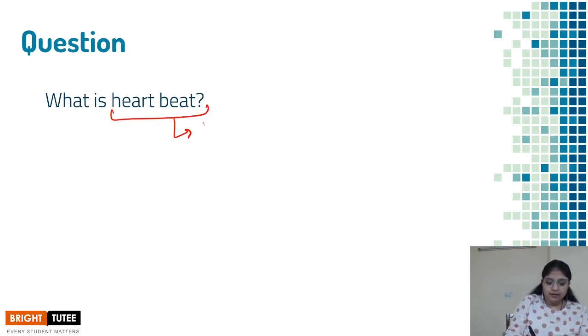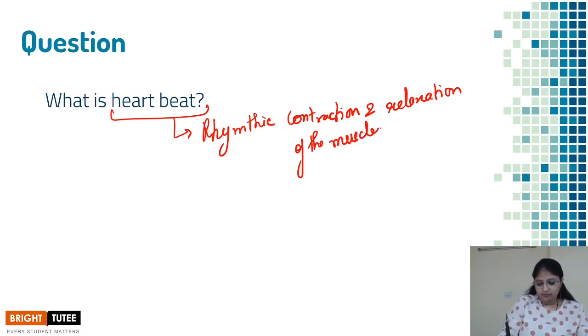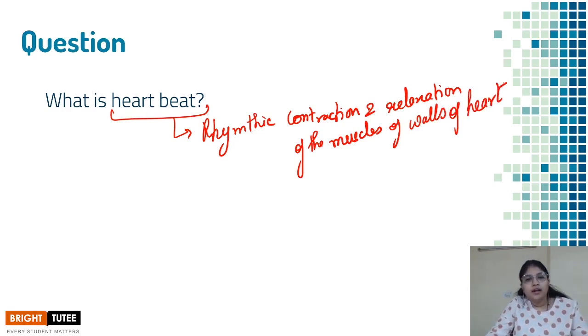The heartbeat is produced by the rhythmic contraction and relaxation of the muscles of the walls of the heart, right? So the cardiac muscles contract and they relax, and this rhythmic contraction and relaxation is the heartbeat that we are able to hear and feel.